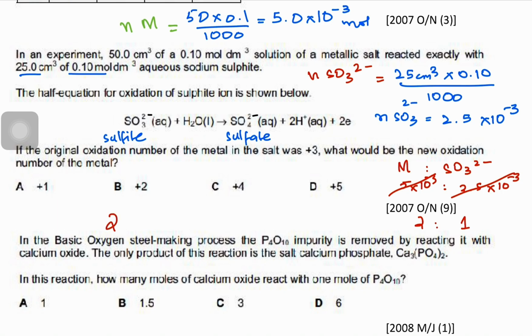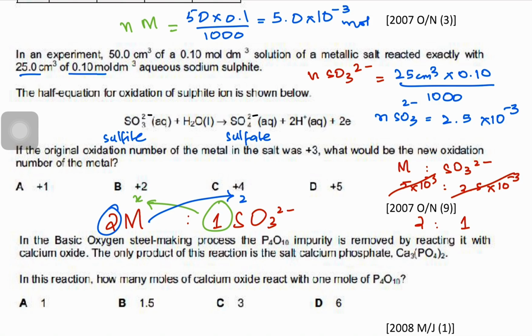If the mole ratio of metal is double and the mole ratio of sulfite is 1 times, the 1 actually comes from the change in oxidation number of metal, and the 2 actually comes from the change in oxidation number of sulfite. So actually the change in oxidation number of metal is 1 and the change in oxidation number of sulfite is 2.